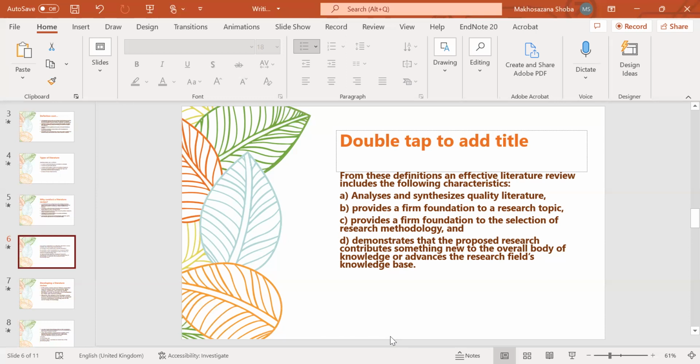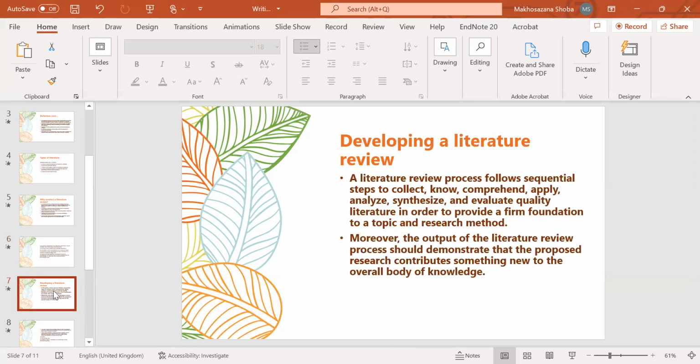It also assists in providing a firm foundation for a research topic, and also for the selection of research methodology, and it helps you to demonstrate that the proposed research contributes something new, because you would have read a number of studies on your phenomenon, and you coming in with a new topic gives you a space to then justify why your topic is needed, because it is perhaps not accommodated in the current literature.